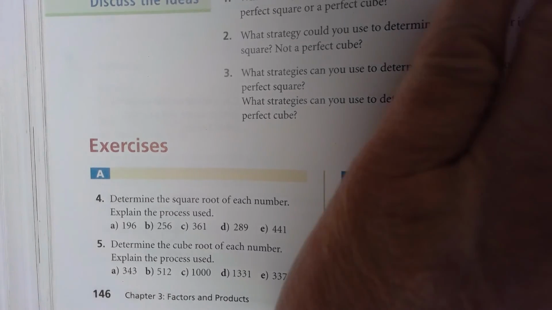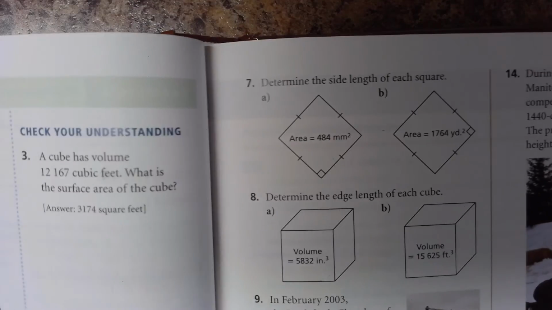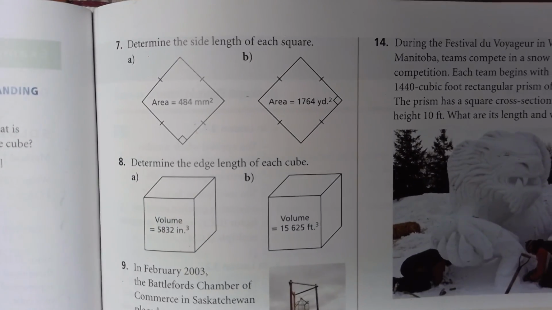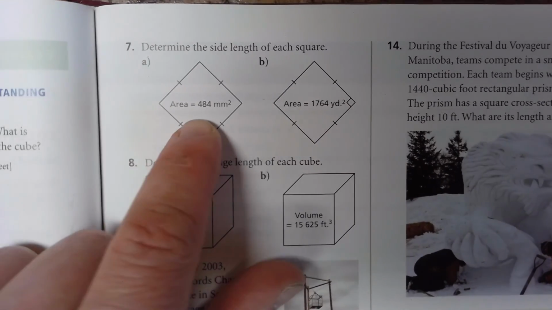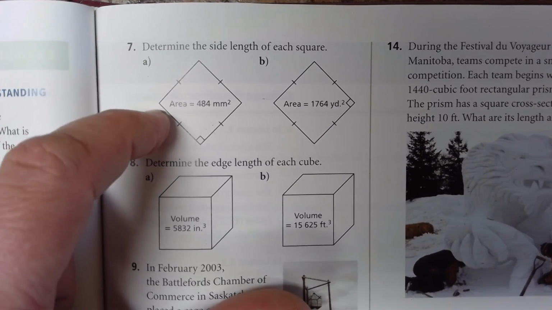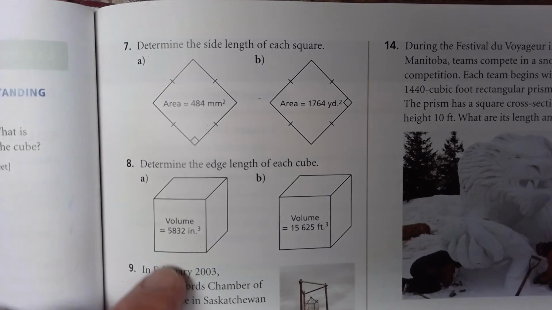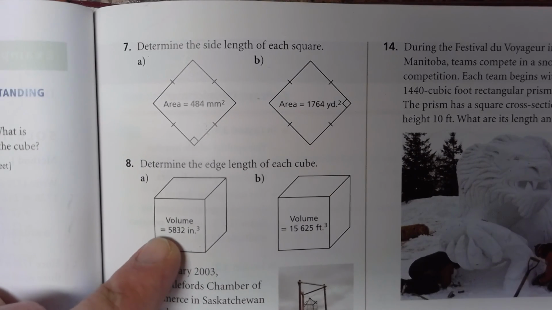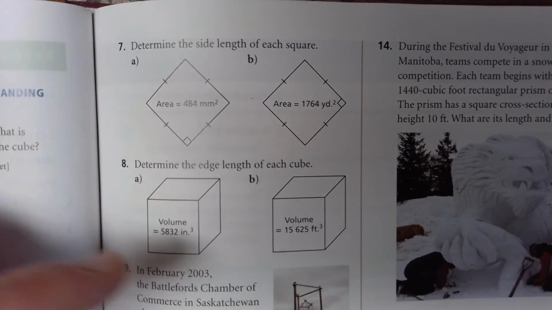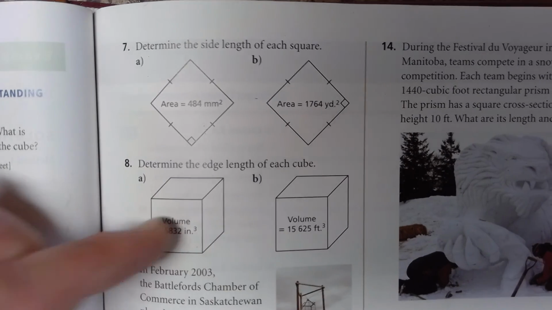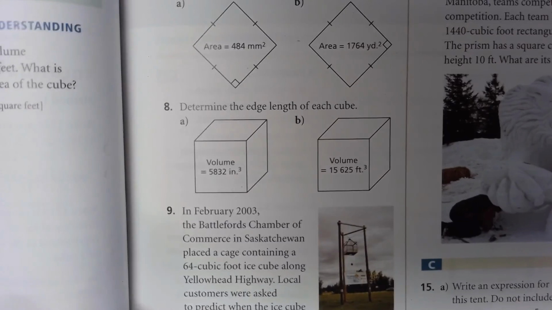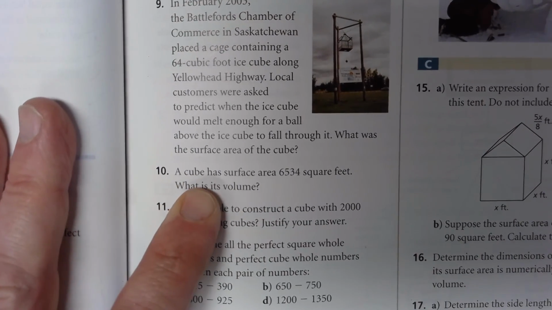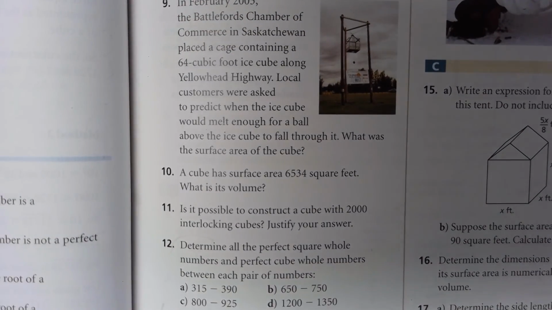Okay, 7. Determine the side length of each square. You're simply finding the square root of each of these numbers. That's all you're doing. Determine the edge length of each cube. You're just finding the cube root of each of these numbers. A cube has a surface area of 6,534 square feet.